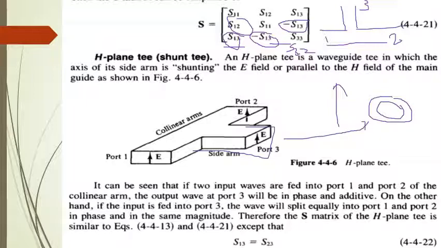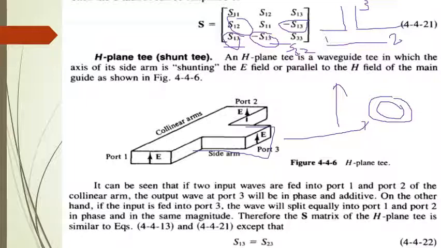Properties of H-plane T are exactly similar to E-plane T, with the difference that whenever two signals are entering from port 1 and port 2 of a H-plane T, the power in this will be doubled provided that both the signals are of same phase.